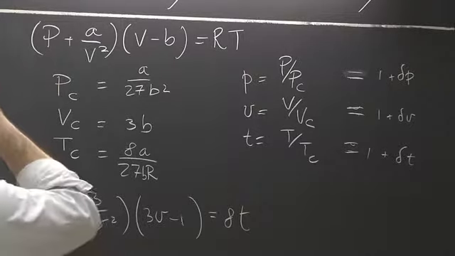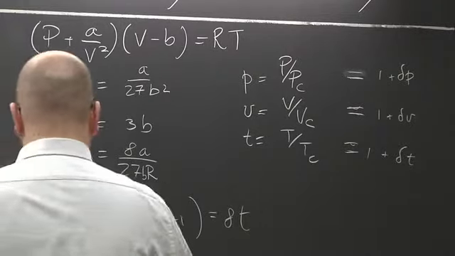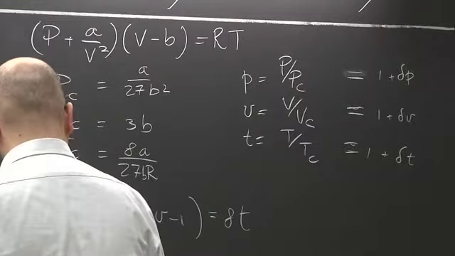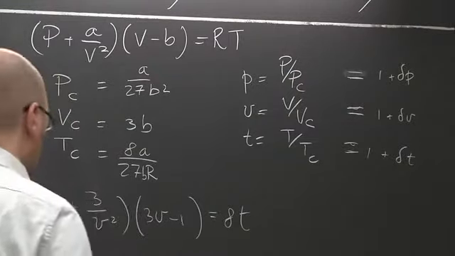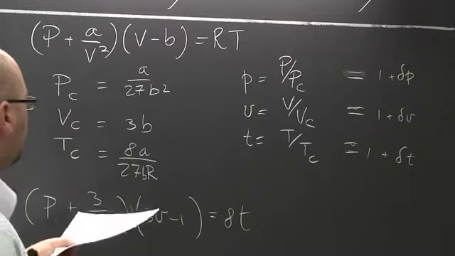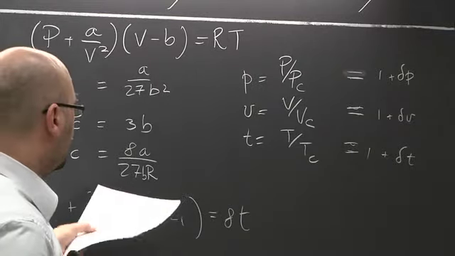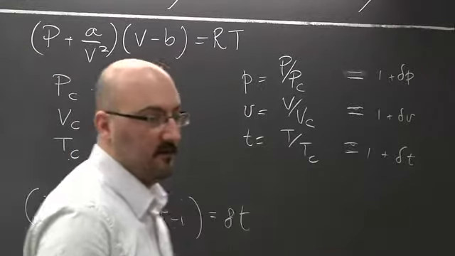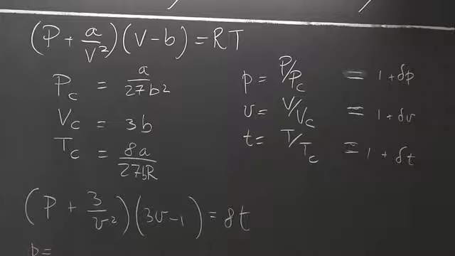So if I solve this equation for P, this equation for P contains 1 over V squared. Instead of V, I write 1 plus delta V, and I expand everything up to and including third order in dV. Why third order and not fourth order?